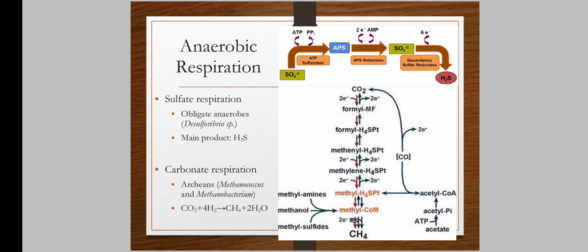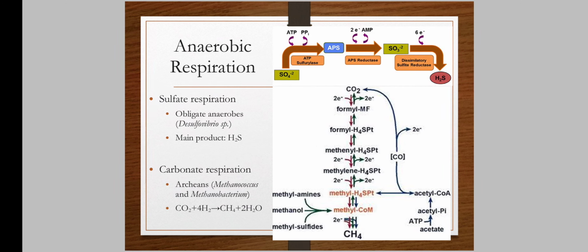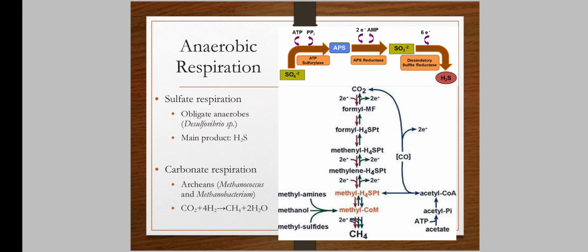Instead of sulfate acting as the final electron acceptor, oxygen interferes with the pathway, and since oxygen has a larger redox potential, they produce a much larger amount of energy that they cannot handle, so they basically die off.